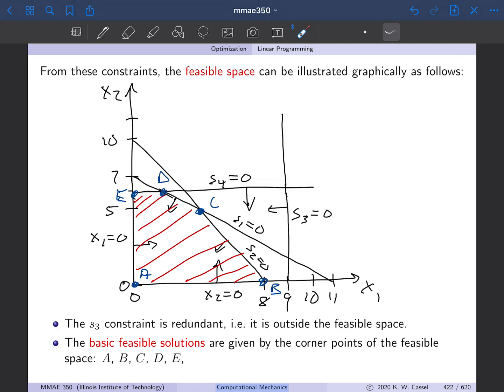Okay. Now, our job is to figure out whether A, B, C, D, or E is the corner point, the basic feasible solution, which minimizes our J, our objective function. That is the objective.